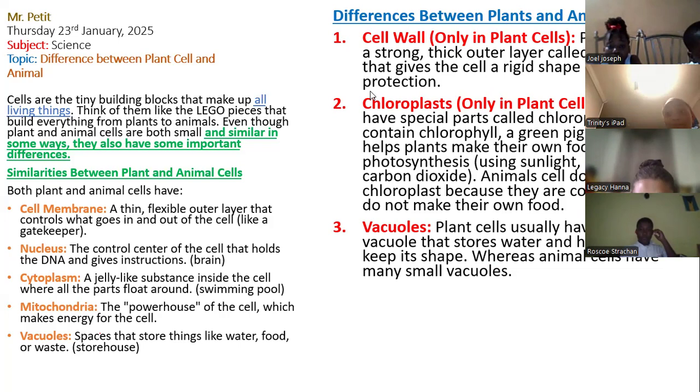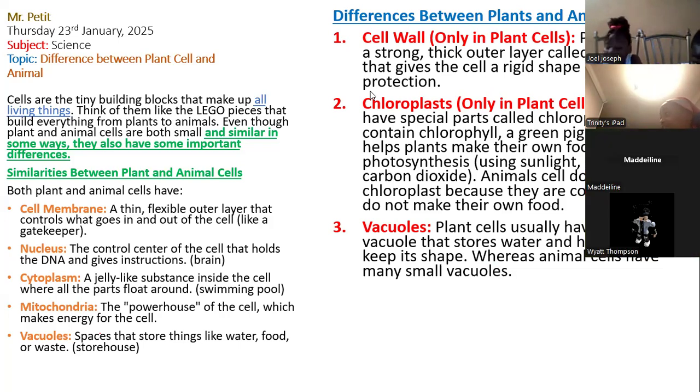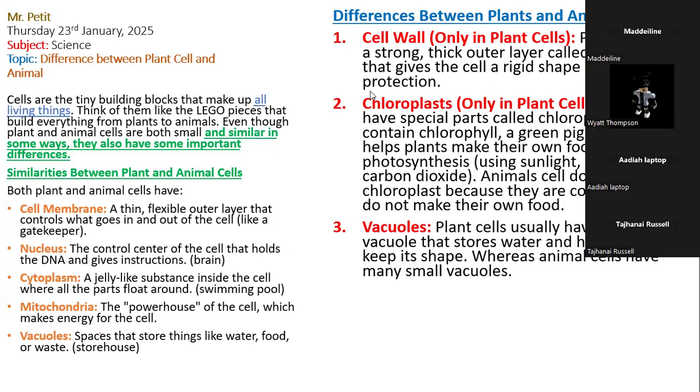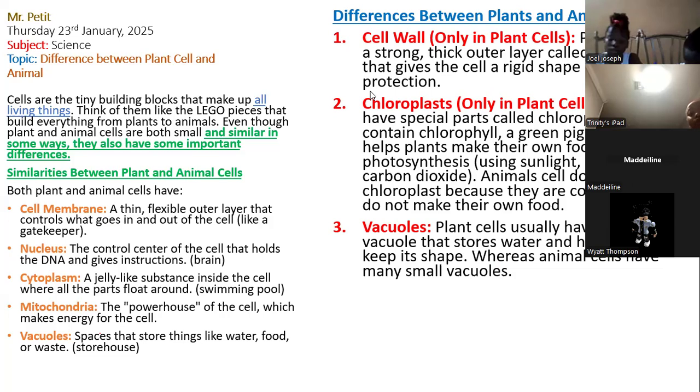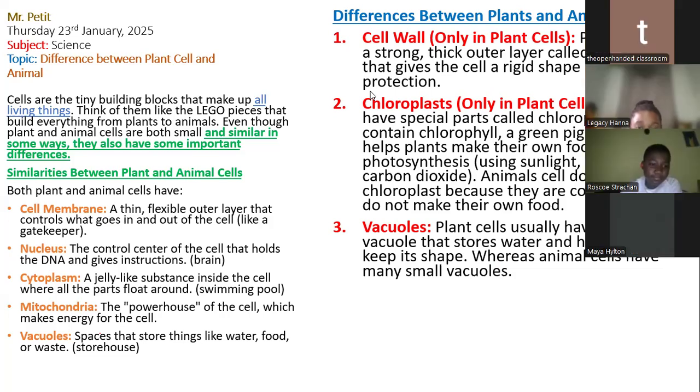And what else? And vacuoles. What type of vacuoles do plant cells have? One large one. And animal cells have many small ones. Yes. Very good.